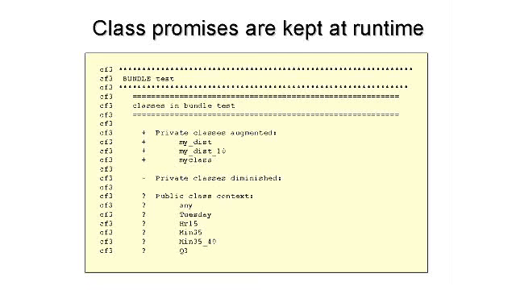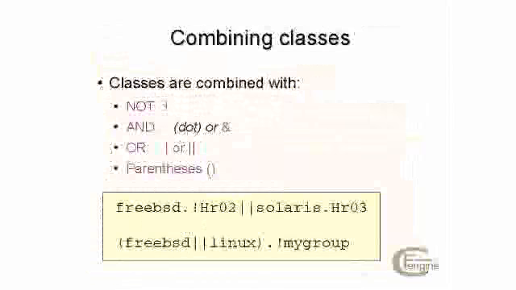So in this random case, we saw, this is obviously one of those 10% of the times that my_dist_10 got defined. And then all of these other classes undefined normally underneath. So many, many ways to model patterns on the system and to identify promises within a specific context that matches your environment.